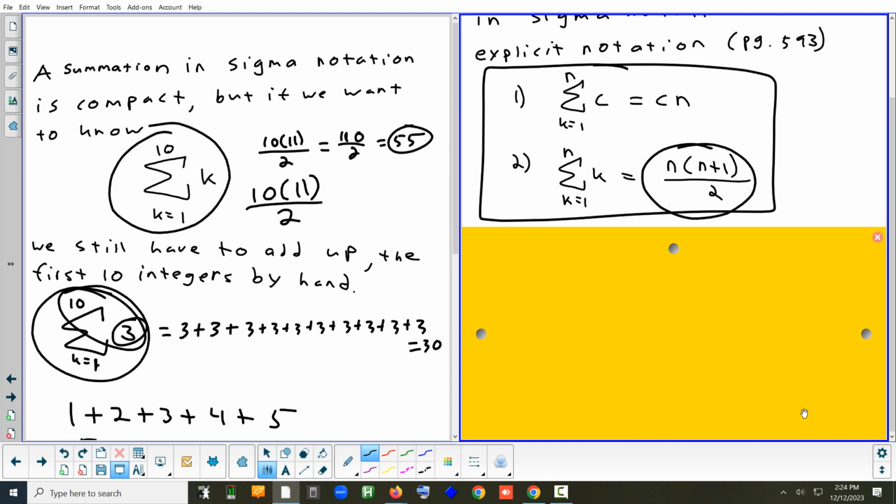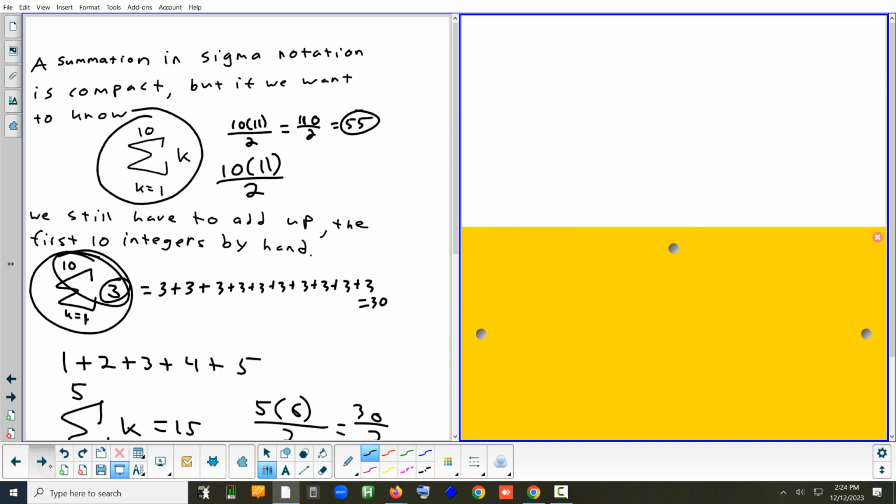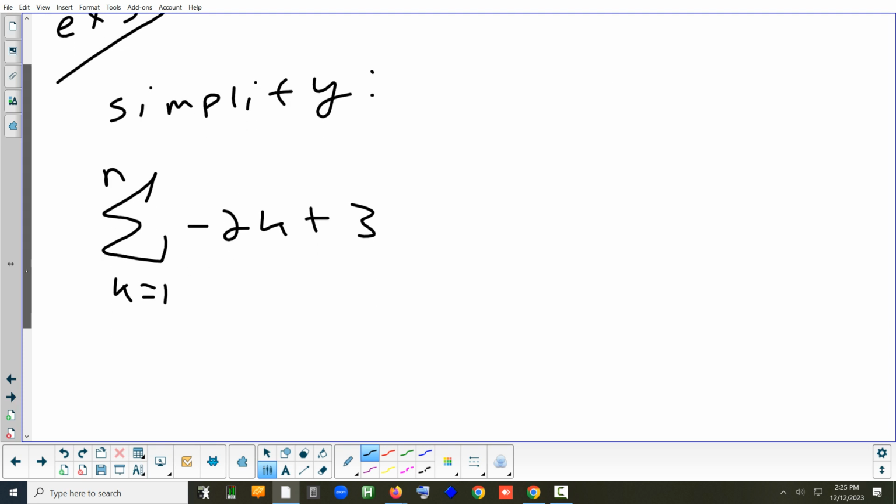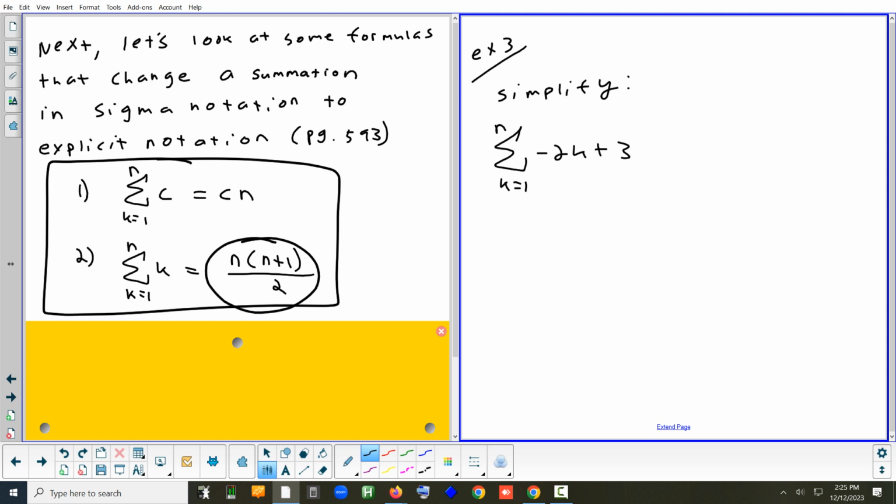All right, so let's try an example. So let's simplify this sigma. When I'm done, I don't want to have a sigma left in this problem. Bring up the other page that we had.